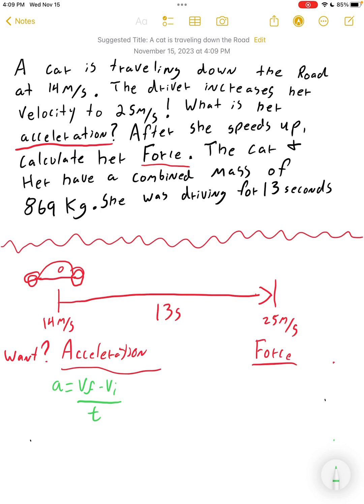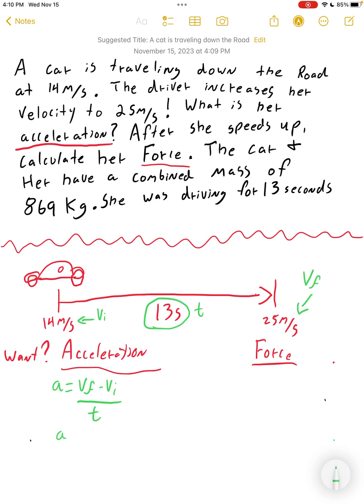And final velocity, that's what we end with. And then what we started with, that's initial velocity, V sub I. So that's two very good pieces of information, and we actually have the time. So we have everything that we need. This is the time in seconds. So we can go ahead and plug and chug.